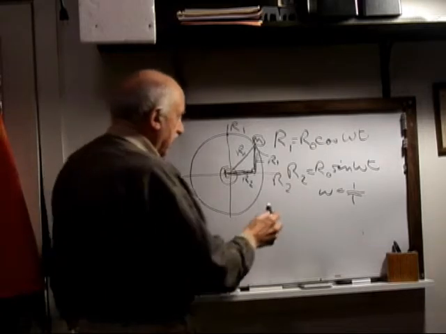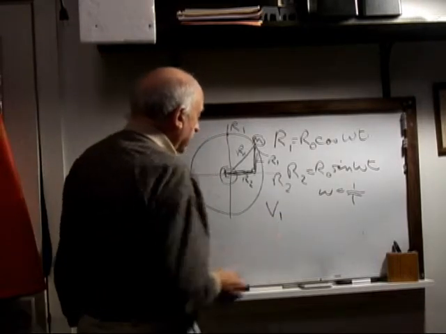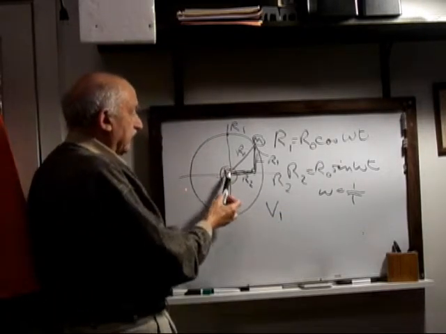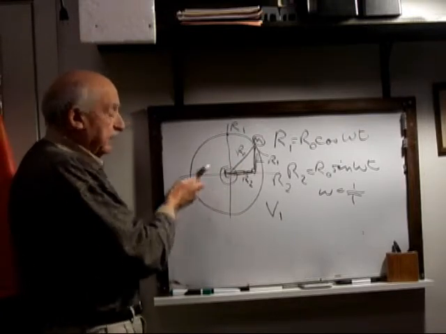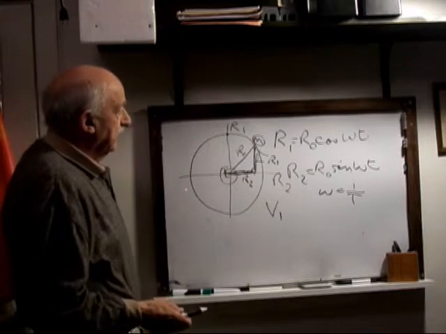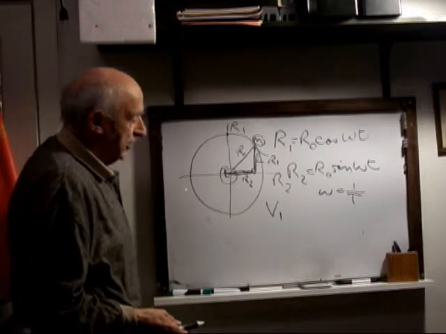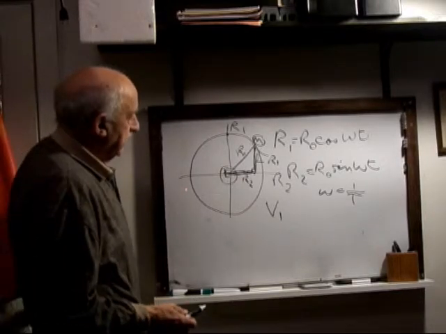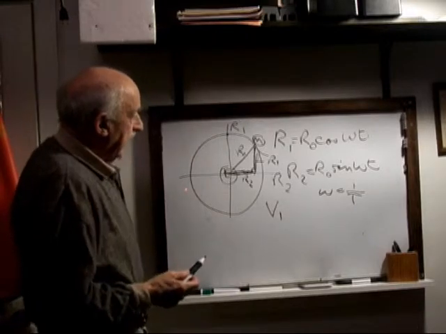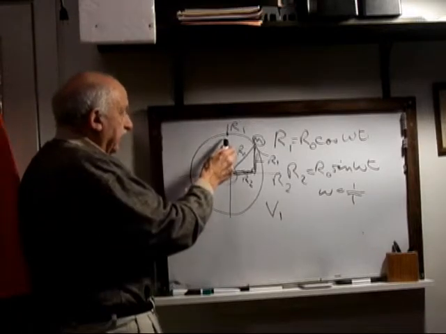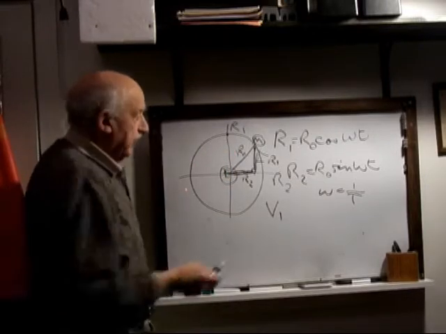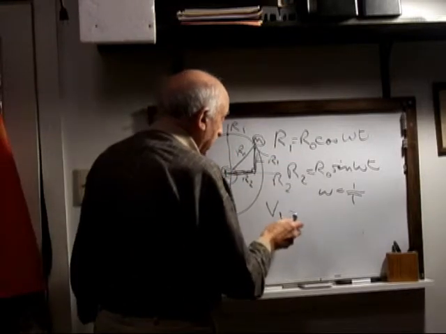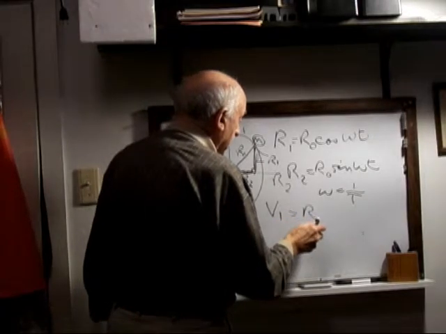So the velocity in the R1 dimension, taking just this up and down movement of the Moon as it goes around, it goes up and down. It follows a curve and a harmonic motion, and the rate of change of the location in R1 with time you get by differentiating that, which gives you R naught.